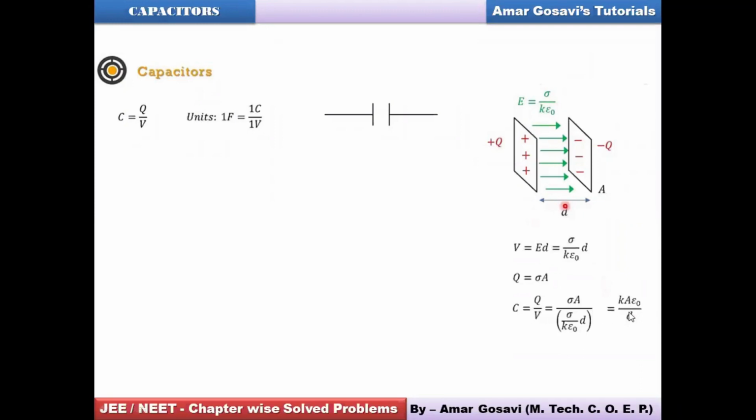If the distance between the two plates is less, then the capacitance would be more. This is how you're supposed to analyze it. So please make a note of this, friends, before we proceed further. This is the derivation for the equation of capacitance of a parallel plate capacitor and the factors on which the capacitance would depend.